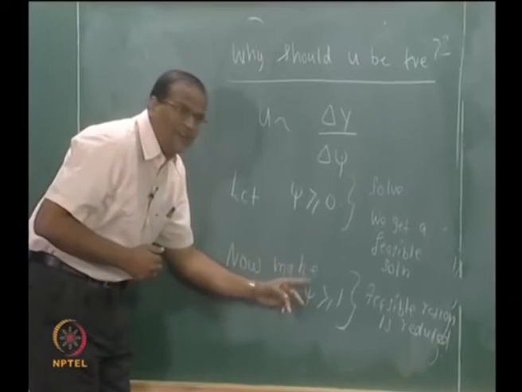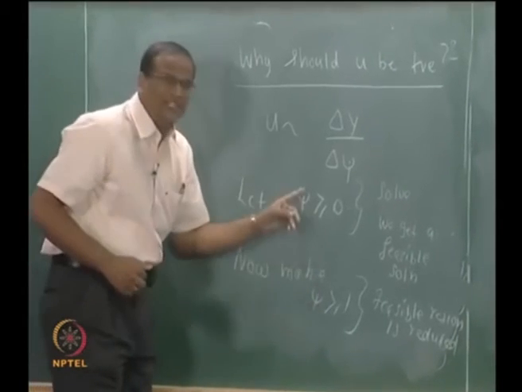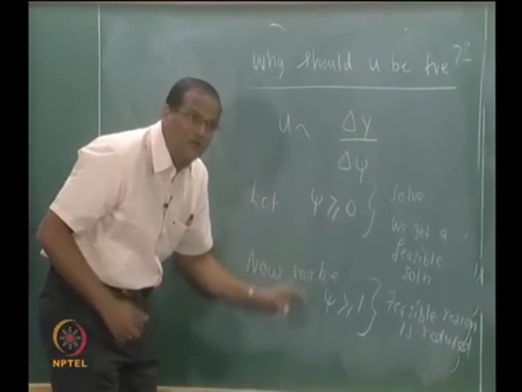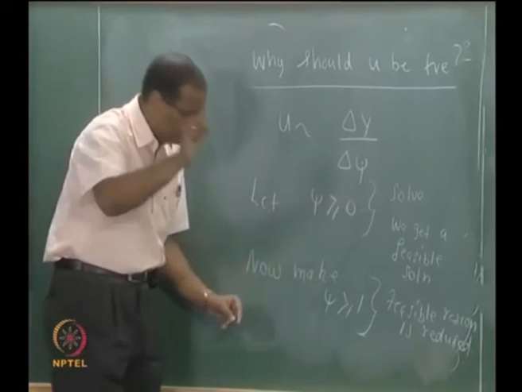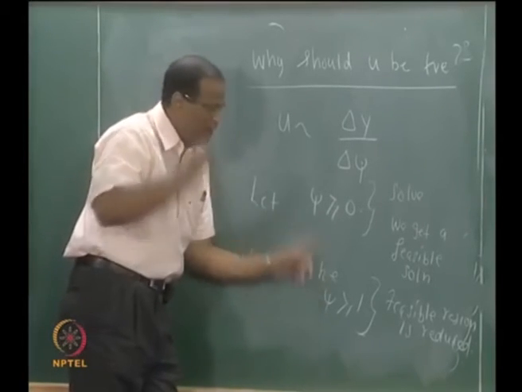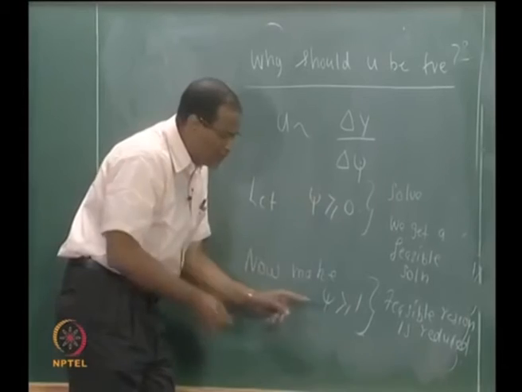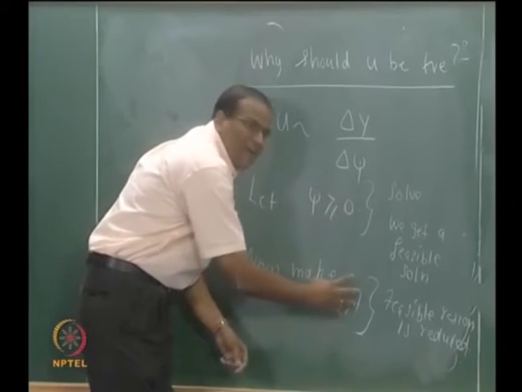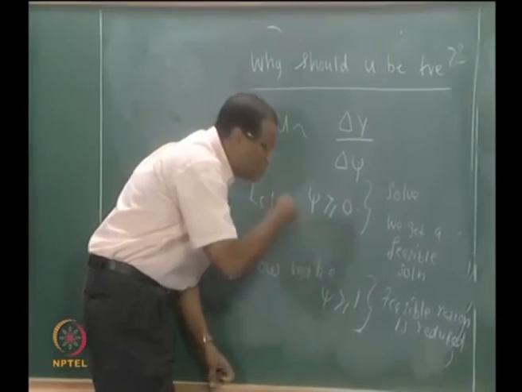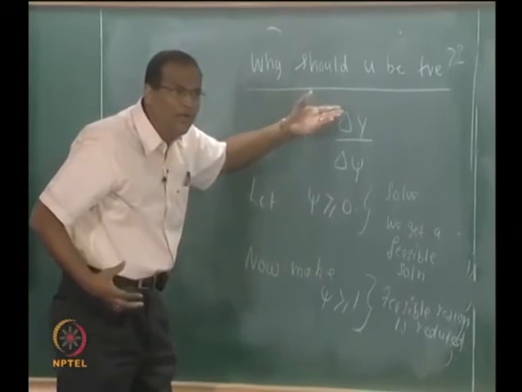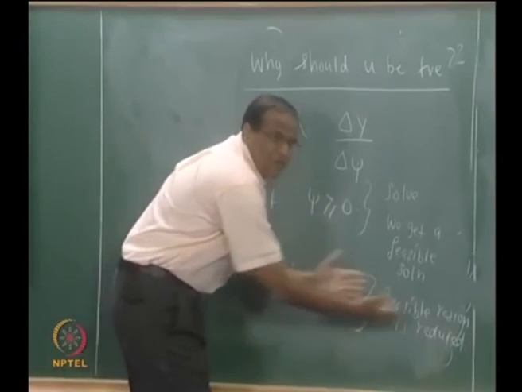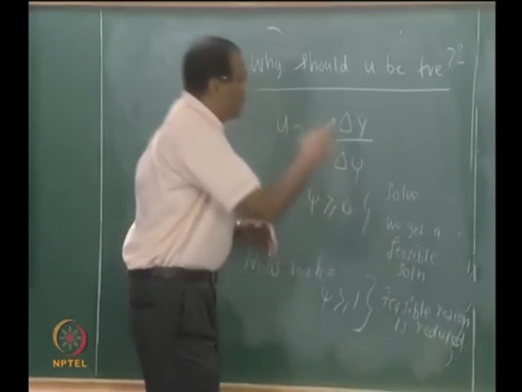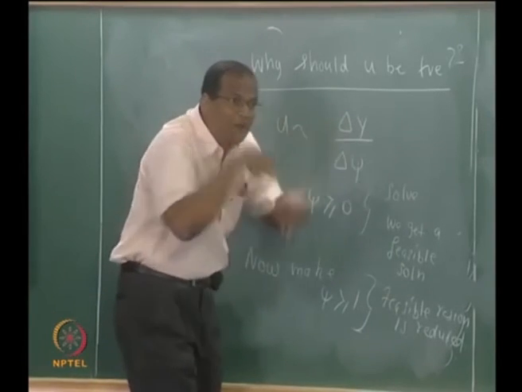Any solution which satisfies psi greater than or equal to 1 will automatically satisfy psi greater than or equal to 0, but the converse need not be true. But now I have a reduced feasible region. There is no chance for my y to improve. At best it can be in this portion of the curve. I can't expect y to improve, y can be the same or y can only decrease.